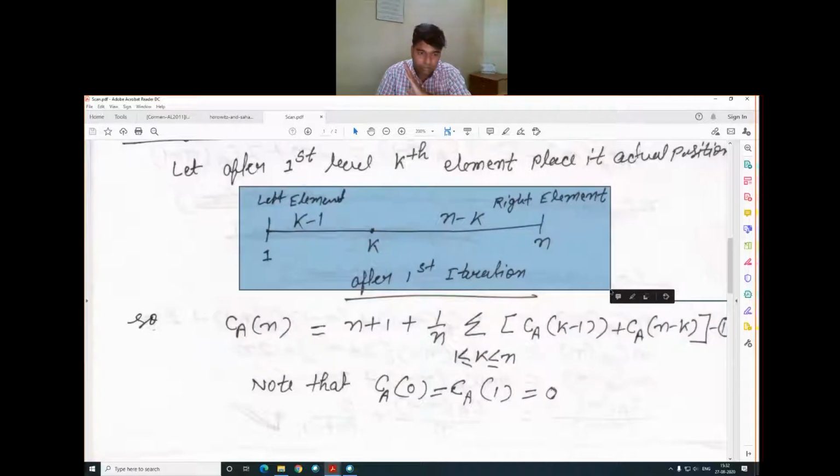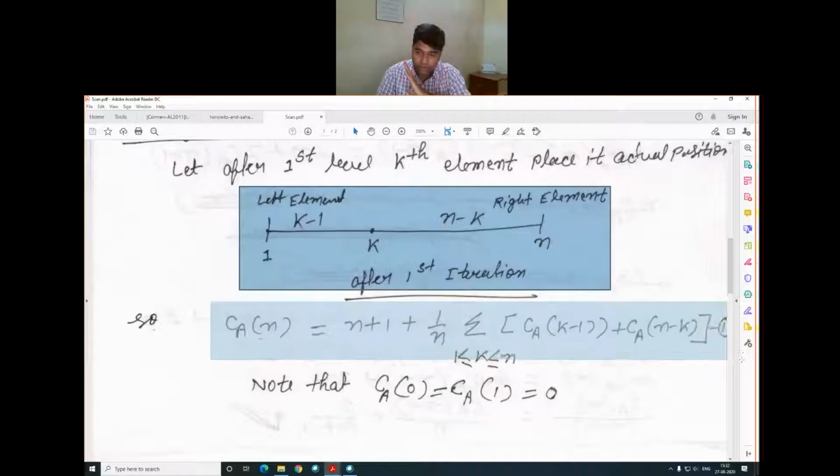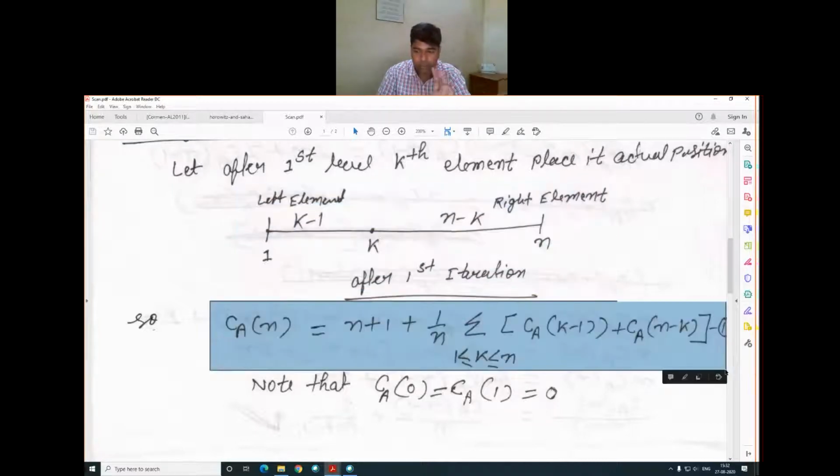By using this mathematical model, we write down the mathematical equation. This one is the equation. Now we are reducing this equation by using some manipulation. We are all from a mathematical background, so we must have the ability to reduce any mathematical equation to its dominating term.